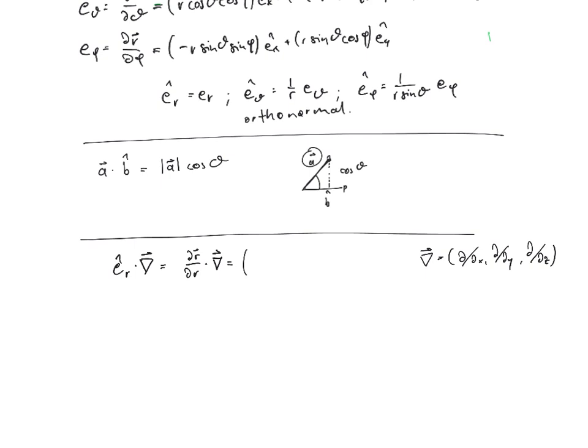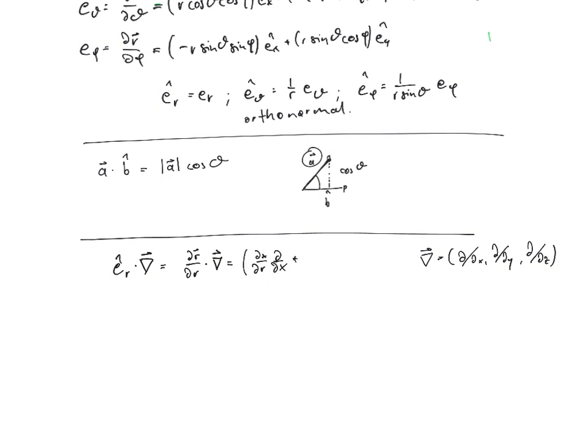This is a scalar product. The first component of this r, dr, with the first component of nabla gives me dx over dr times d over dx. The first part is the first component of dr over r, and the second part is the first component of the nabla operator.